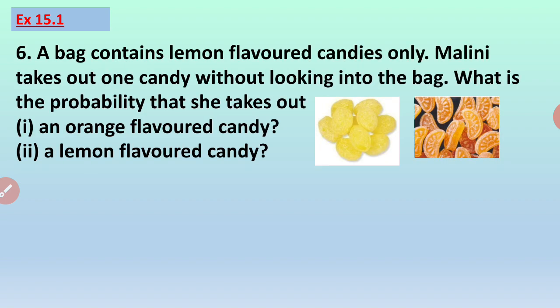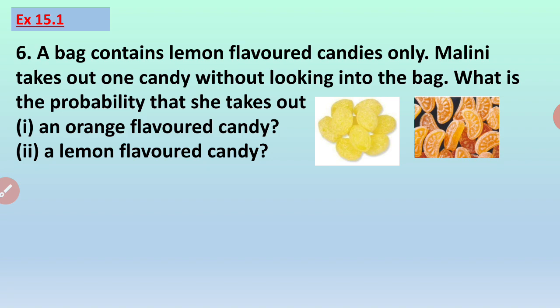Next, a bag contains lemon flavored candies only. Malini takes out one candy without looking into the bag. What is the probability that she takes out an orange flavored candy? Now there is a bag which has only lemon flavored candy.